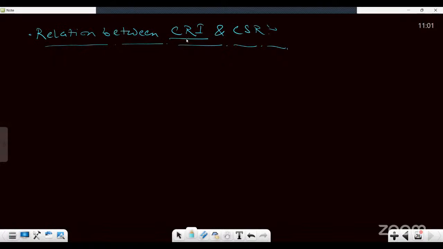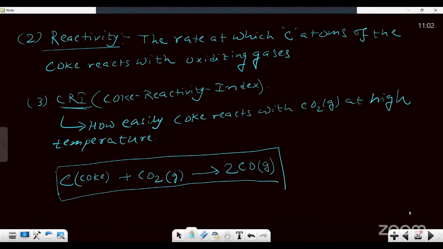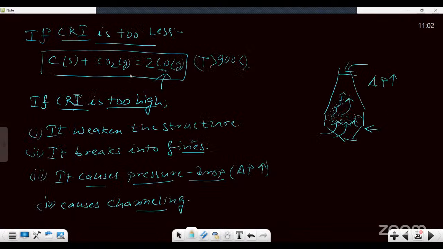So reacts fast means what will happen? Its structure will weaken fast. Just now we discussed what will happen if the CRI is too high: it weakens the structure, it breaks into fines. So all these are the problems which we will face if our coke reactivity index is more.